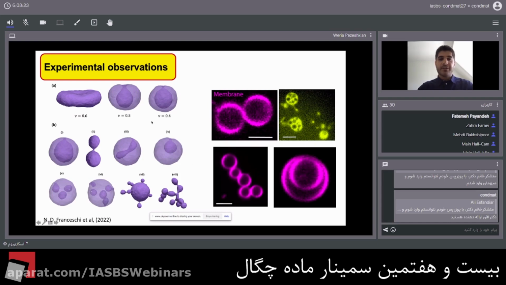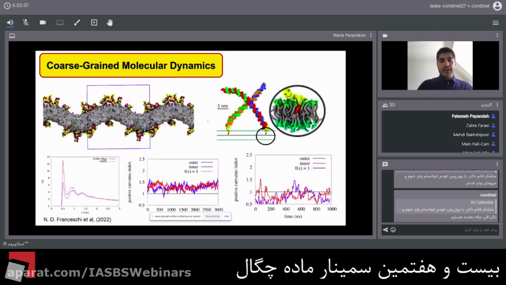So somehow this tells us this nanostar should actually induce curvature, because based on these two parameters, we could get exactly what we get in the experimental setting. Then we turn to molecular dynamics simulation to see how this actually works, whether it induces curvature or not.